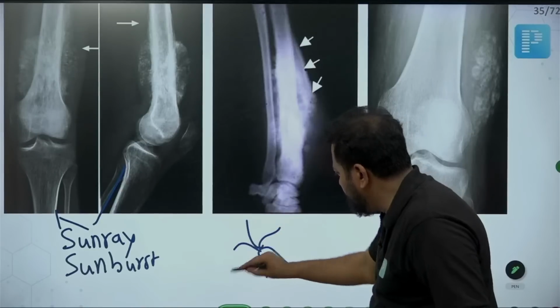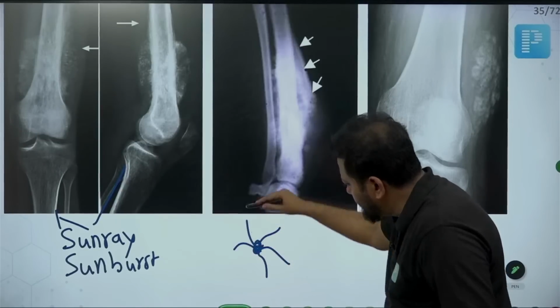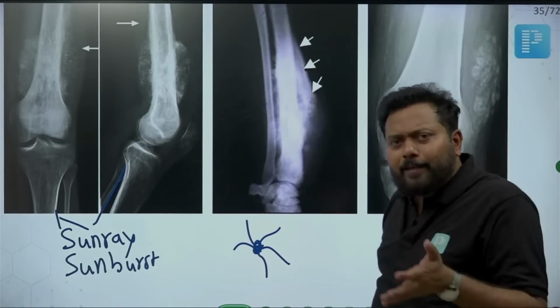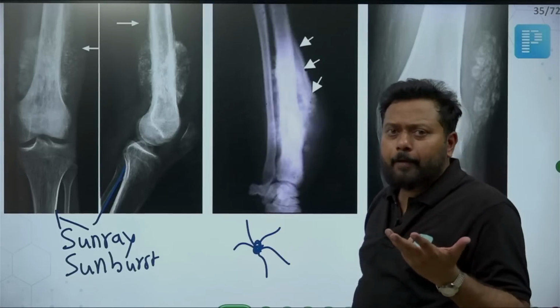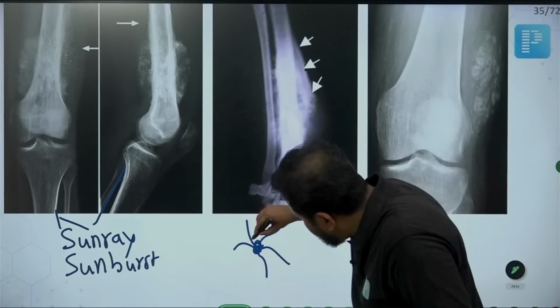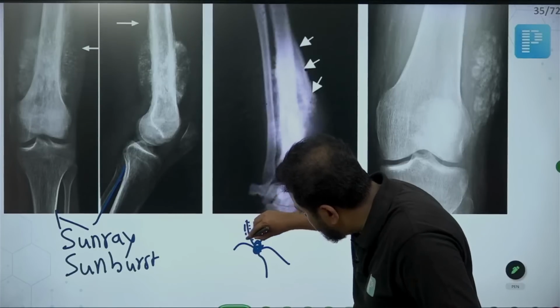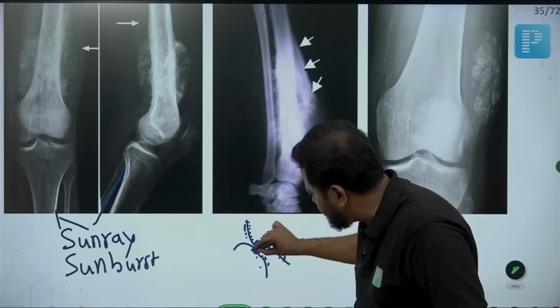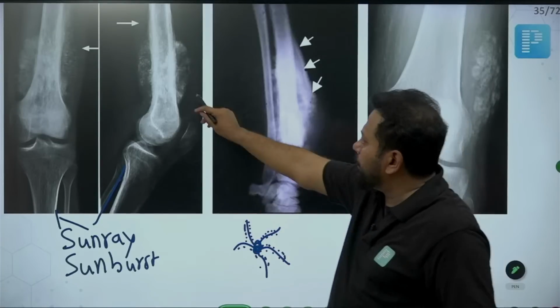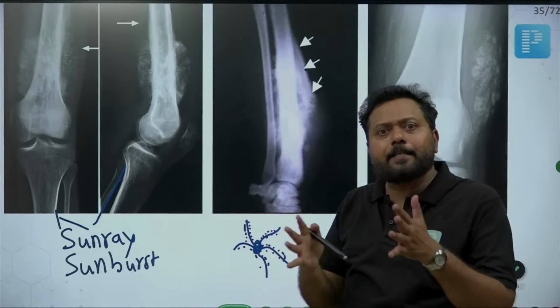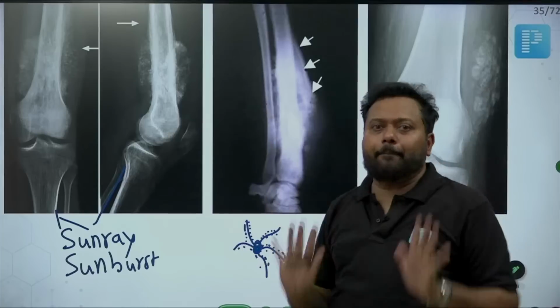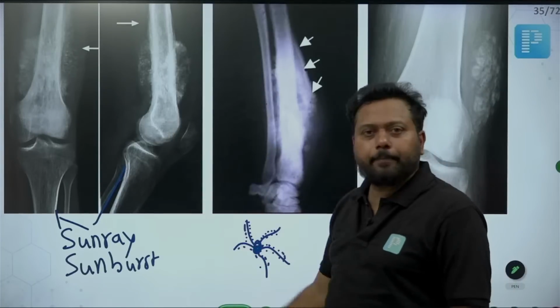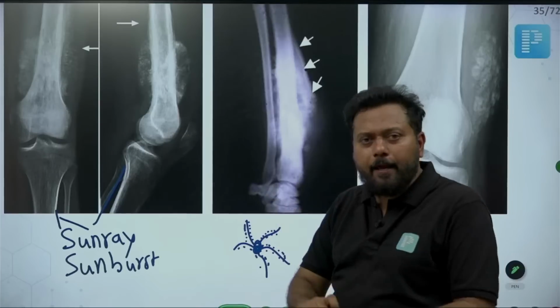Blood vessels you can't see in the X-ray. Microcalcification happens along the wall of the blood vessel. So these microcalcifications you are seeing as a sunburst or sun ray appearance. This is the concept. This is the classical sun ray.